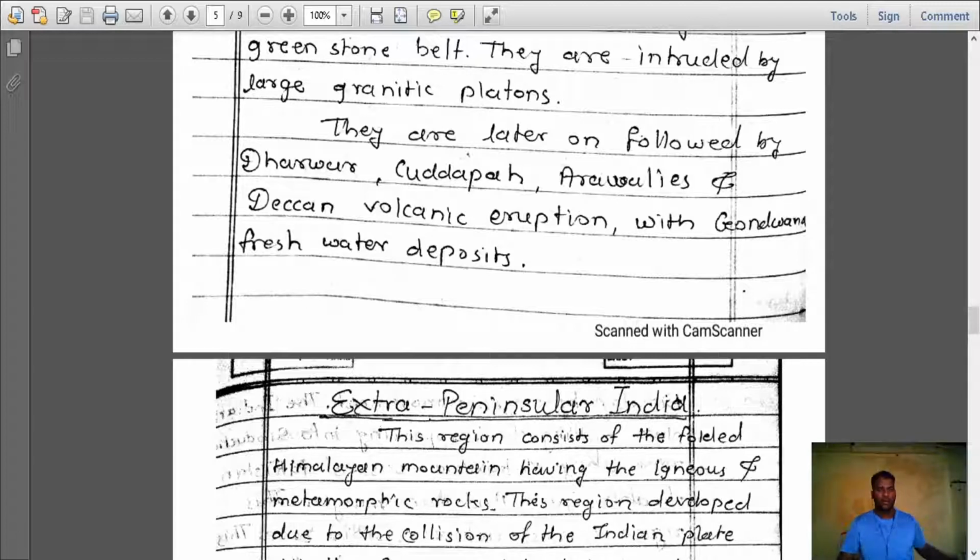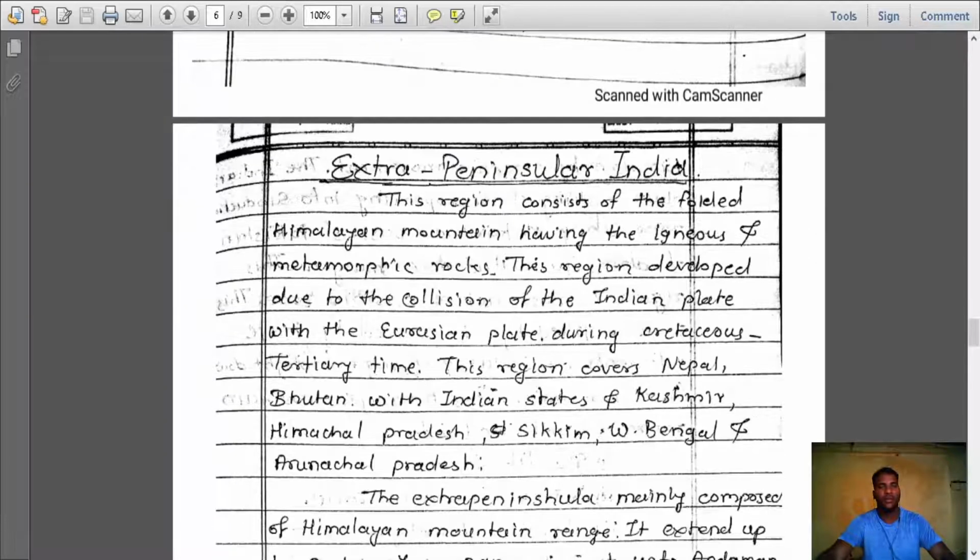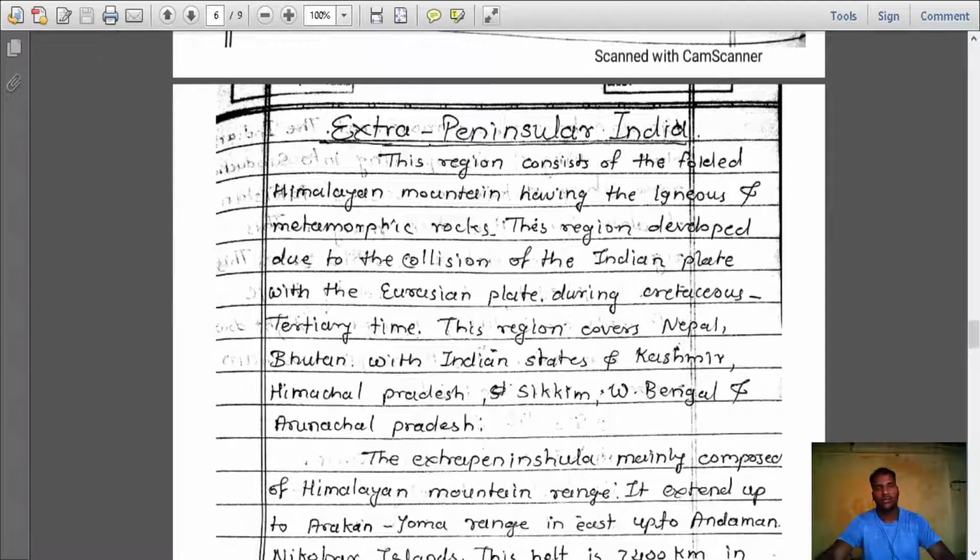Then the next point is extra-peninsular India. This region consists of the folded Himalayan mountains having igneous and metamorphic rocks. This region developed due to the collision of the Indian plate with the Eurasian plate during Cretaceous and Tertiary time.